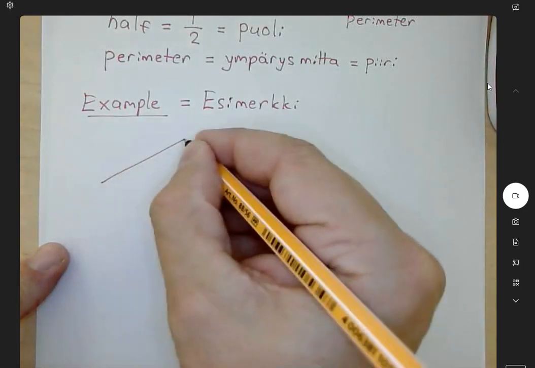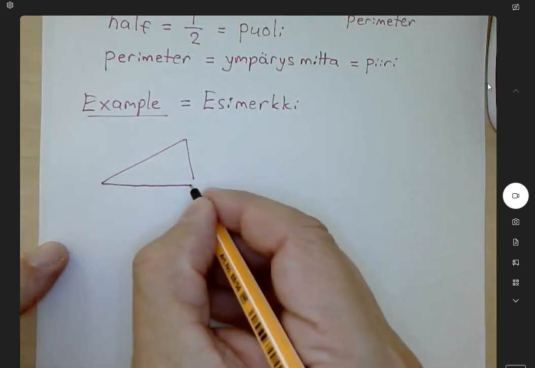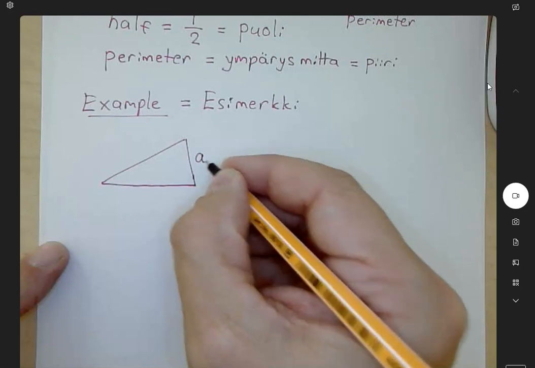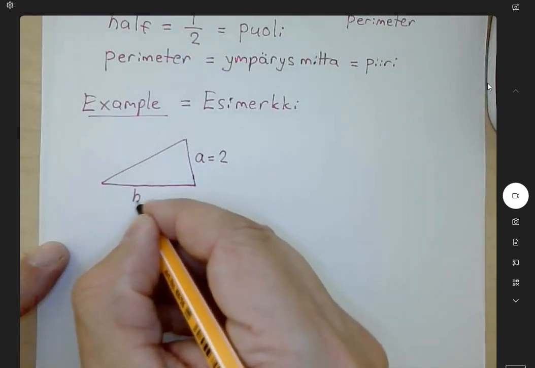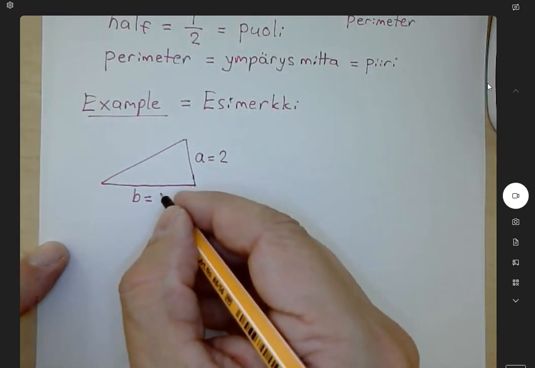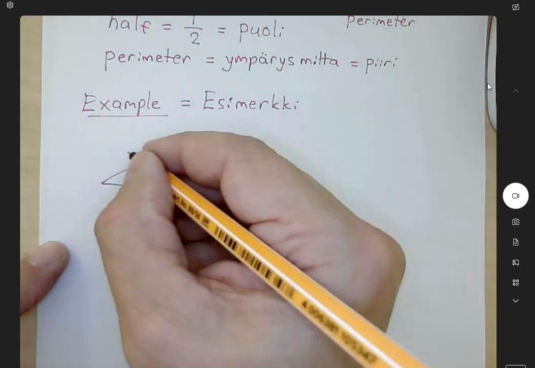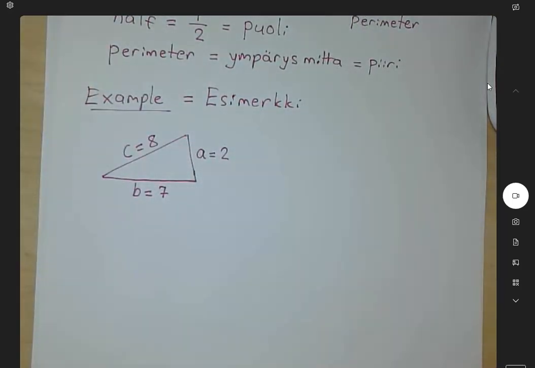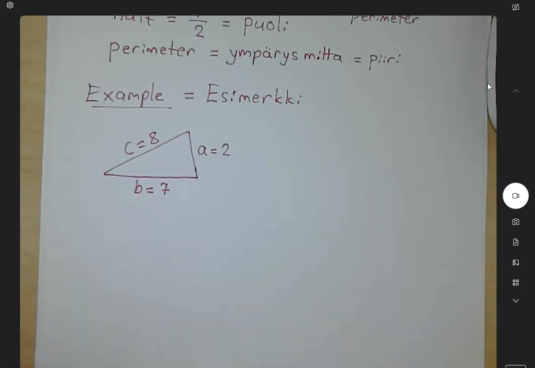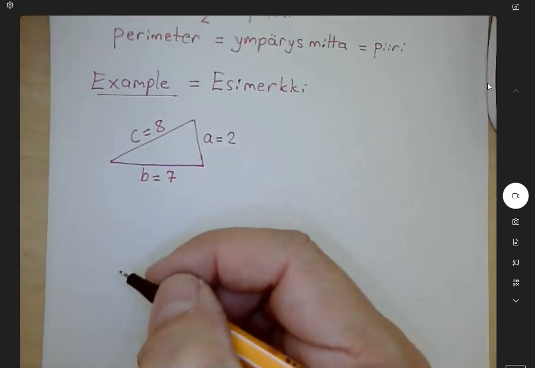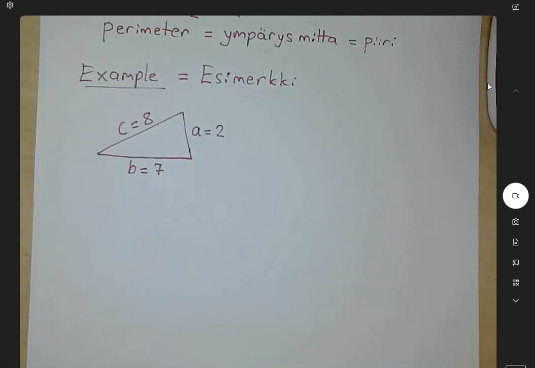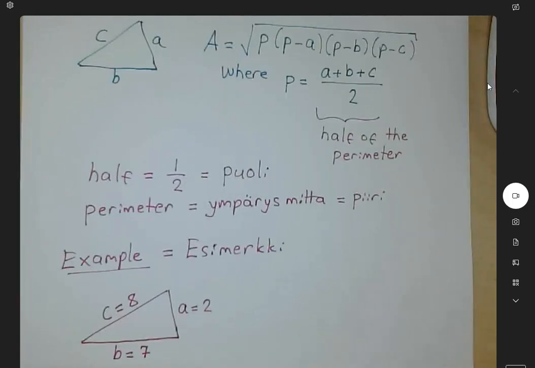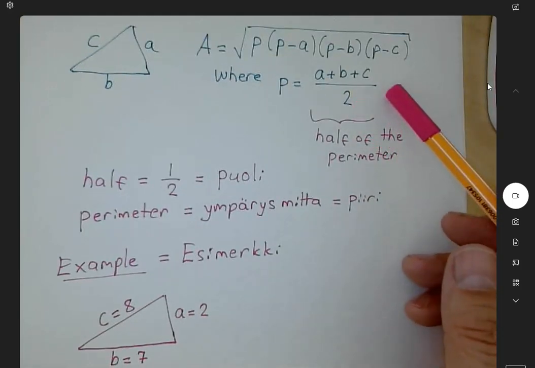But let's take an example where we have simple numbers. For example, A equals 2, B equals 7, and C equals 8. First we have to calculate P, in this case half of the perimeter.